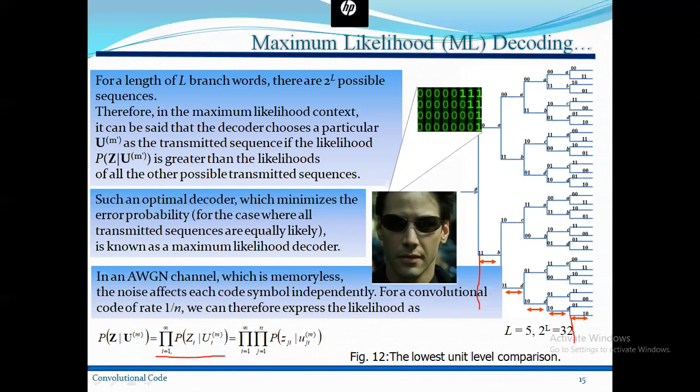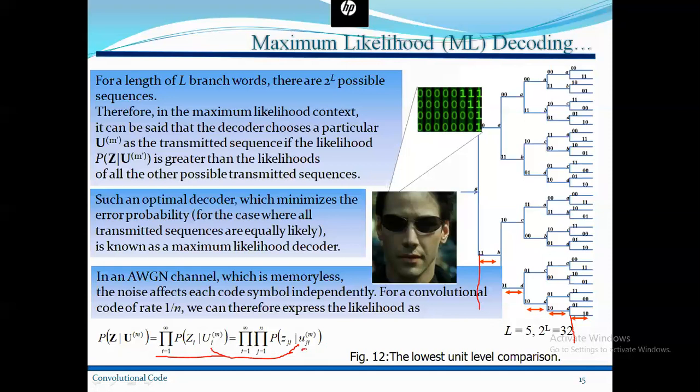If we split this code word into branch words, and there are five different branches in this sequence, each branch represents 2 bits.